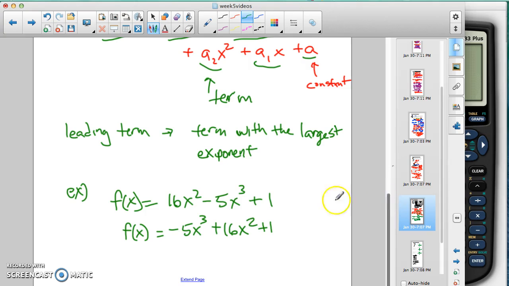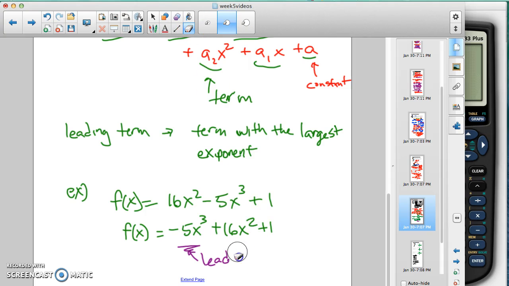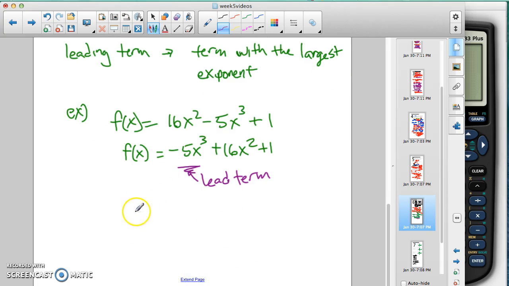Our leading term would be negative 5x cubed. This is our lead term. And also the leading coefficient is the negative 5. So the leading coefficient is the number in front of that variable.